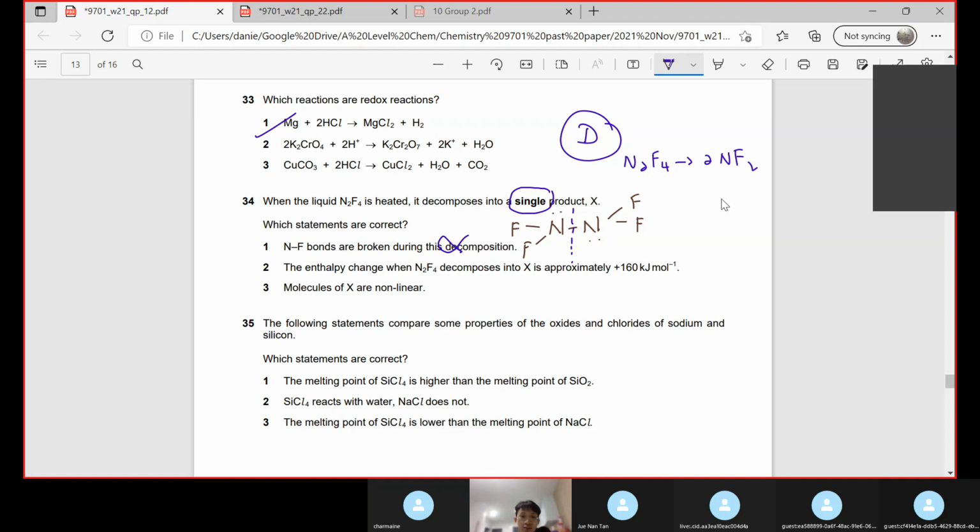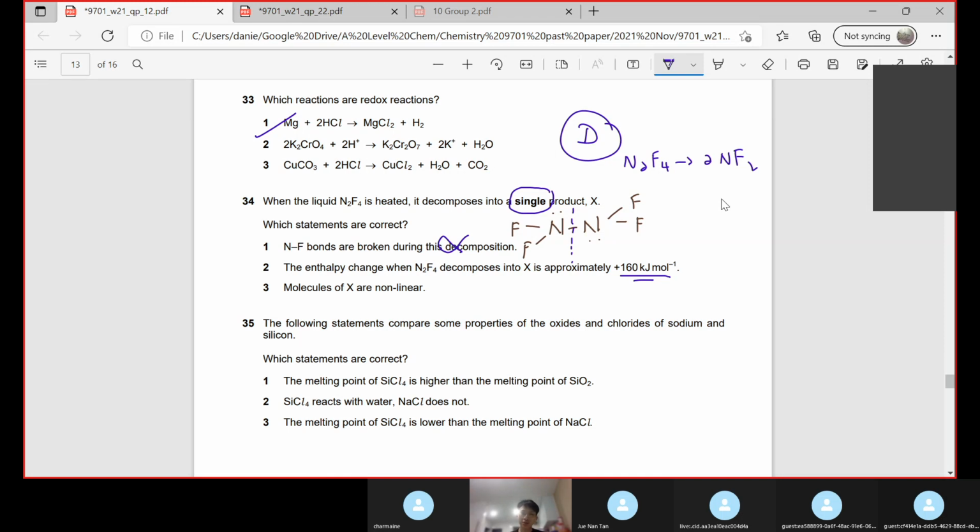Number 2, the enthalpy change when N2F4 decomposes into X is approximately positive 196 kilojoules per mole. How are we going to know this? If you refer to the data booklet, for the bond energy part, the N single bond N energy given to you is 190.